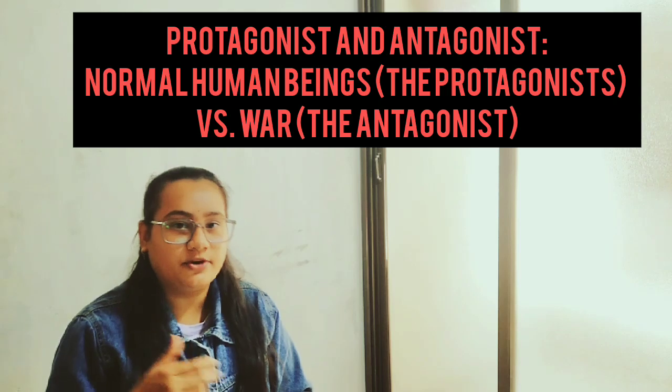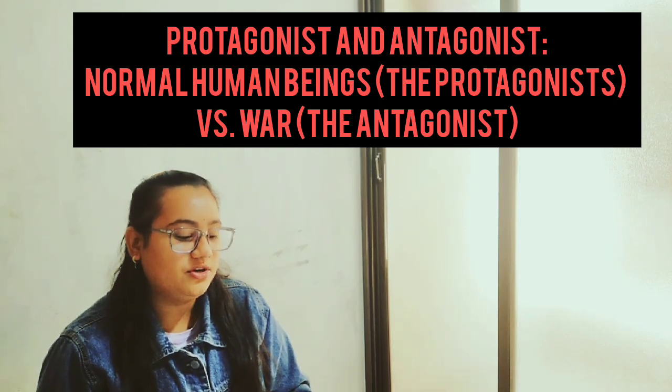So in this song we also have a protagonist and antagonist. Protagonist is the hero and antagonist is the villain. So the normal human being is the protagonist here, and war is the antagonist.